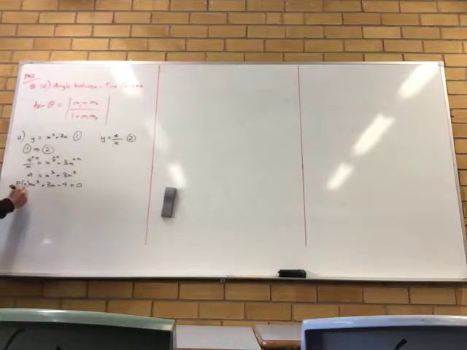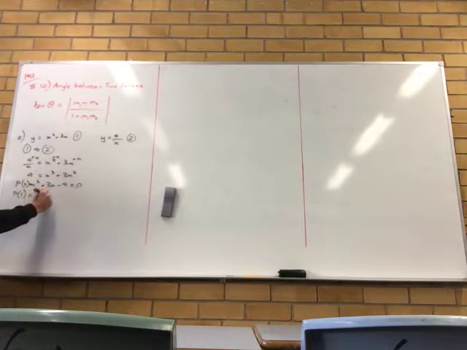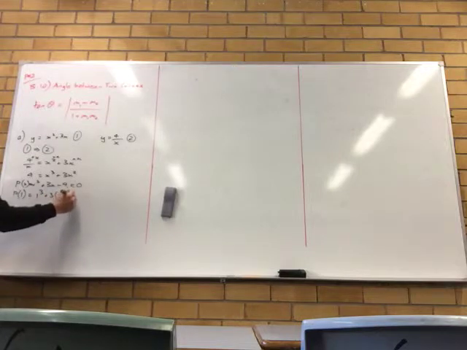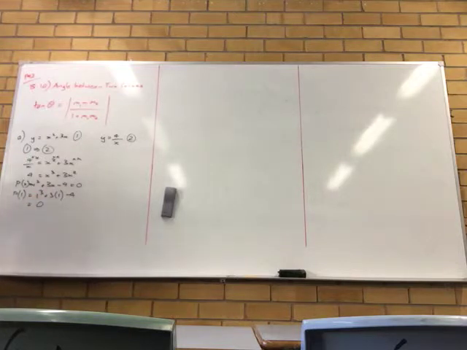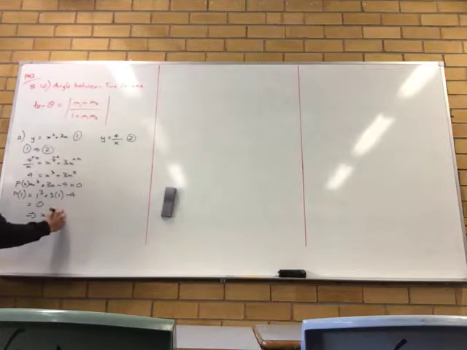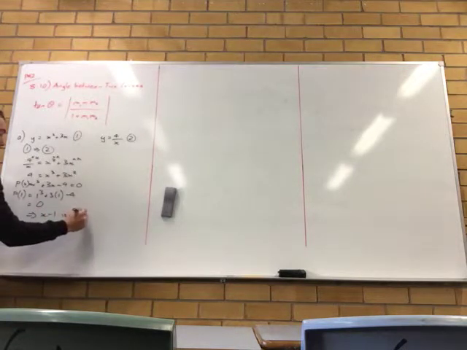So remember, if p of a equals 0, then x minus a will be a factor of the whole polynomial. One plus 3, 4, take away 4, 0. So x take away 1 is a factor.